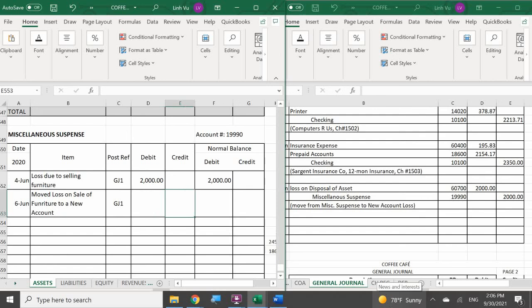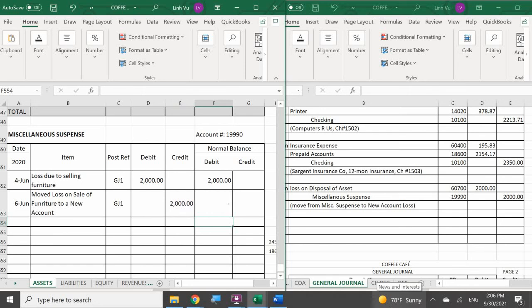And this time, did we debit or credit the account? We credit it, because we no longer have $2,000 in there. We moved it out. So if I moved it out and I use a credit to decrease the amount, then yes, it'd be 0. All right, there you go.